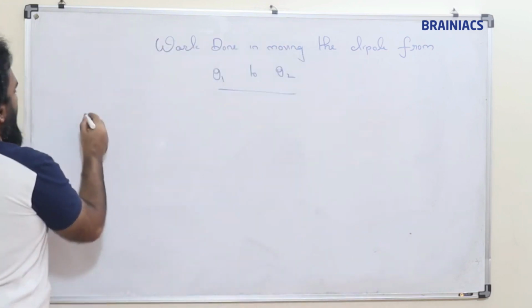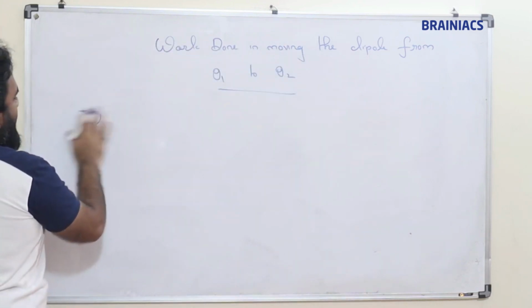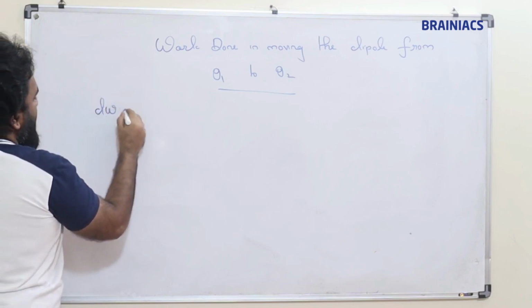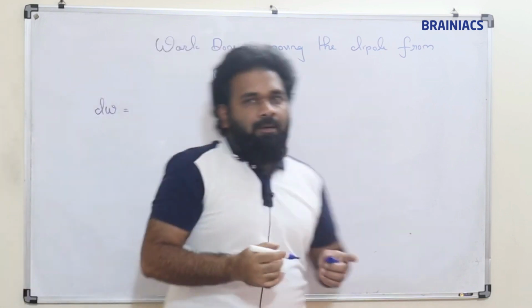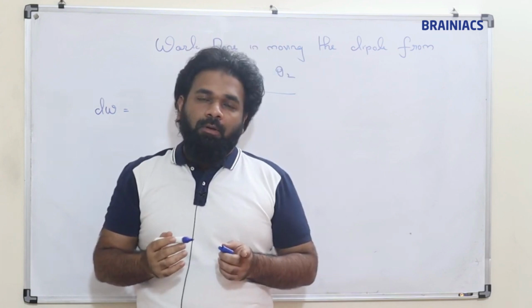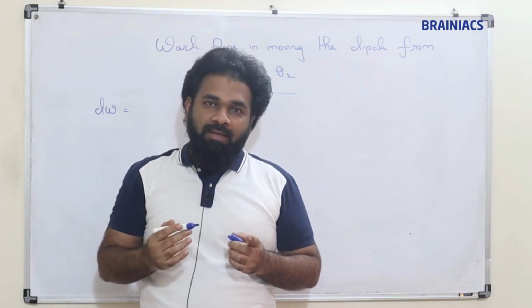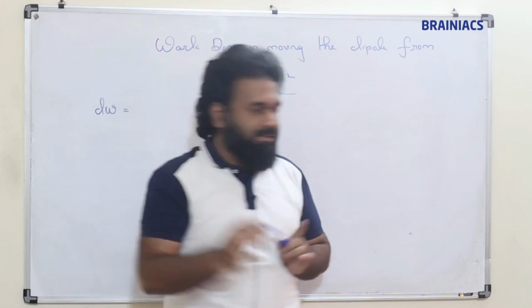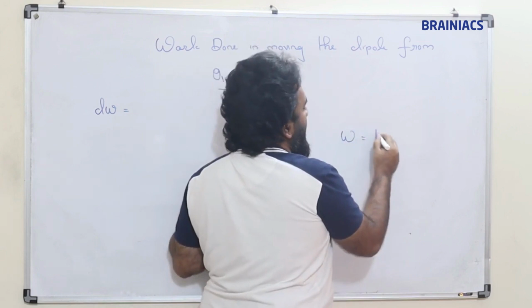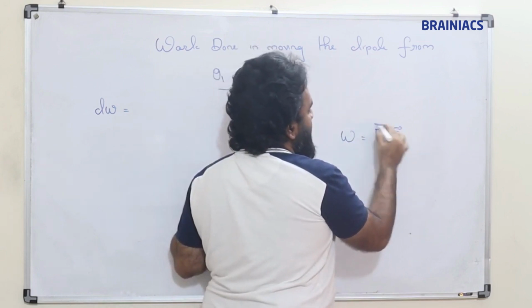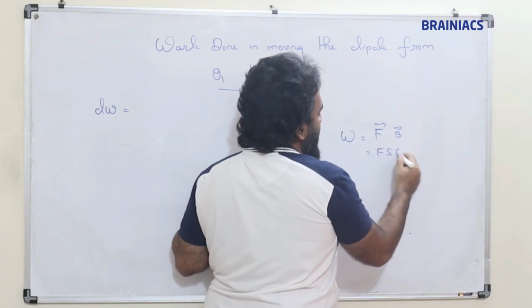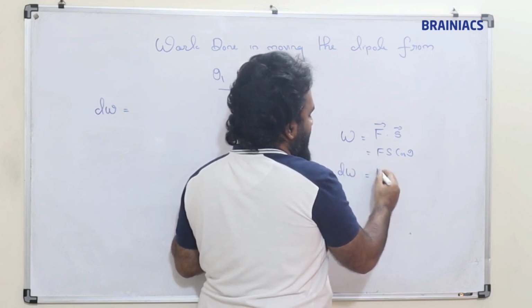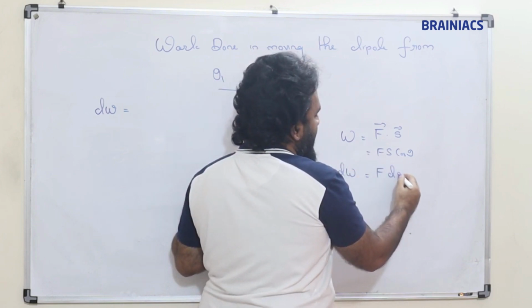Okay, so small work done dW is equal to what? Generally we say work done is equal to F dot S, or we can say F s cos theta. If this force is variable, then the small work can be written as F ds.